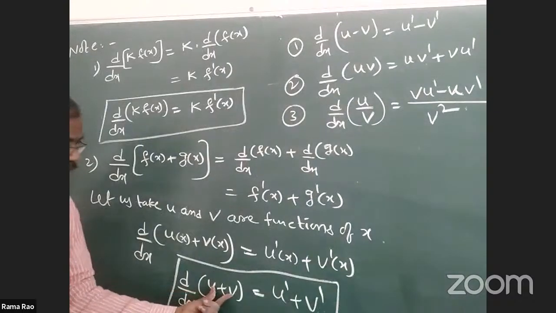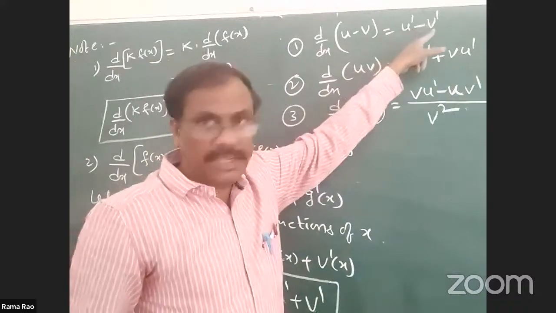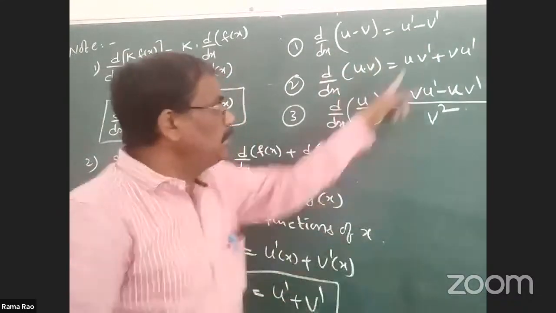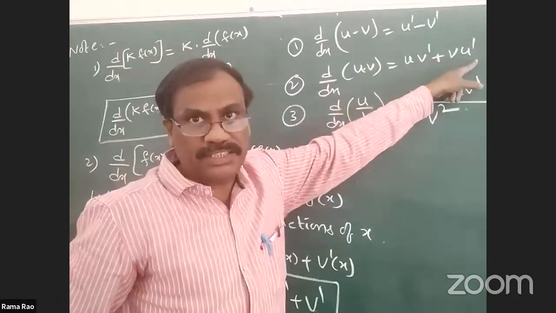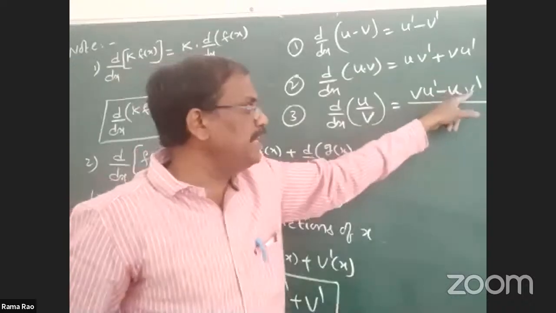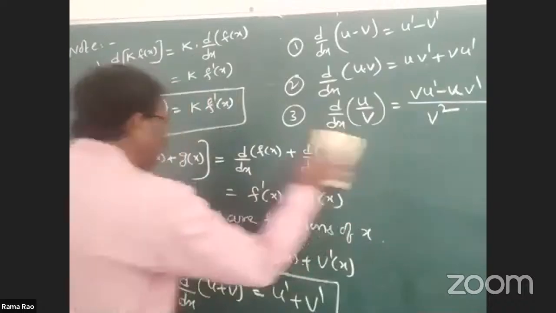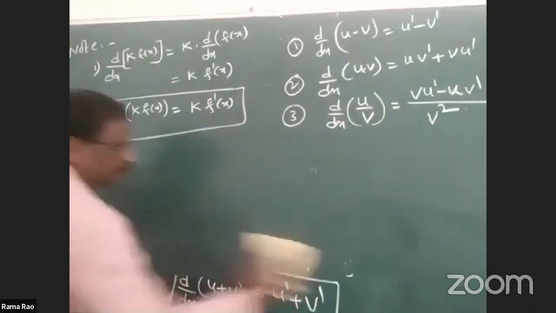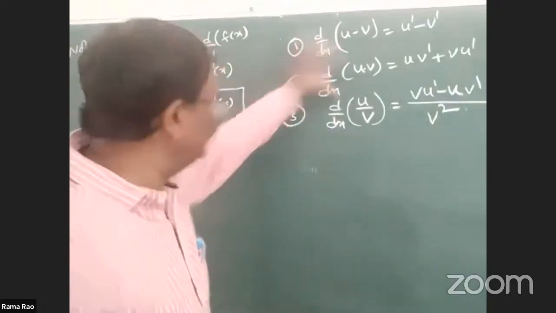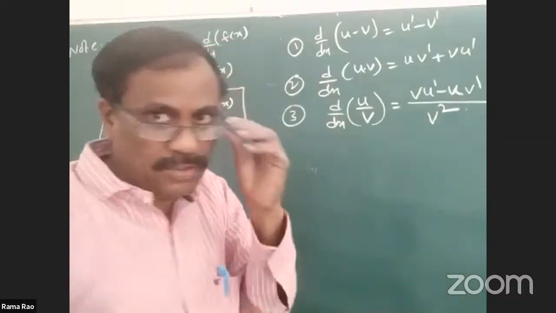U plus v gives u dash plus v dash, u minus v gives u dash minus v dash, u into v, product of two functions, gives u v dash plus v u dash, u by v gives v u dash minus u v dash by v square. Tomorrow we can solve some problems by using these formulas only, not by using the first principle. Okay, thank you.